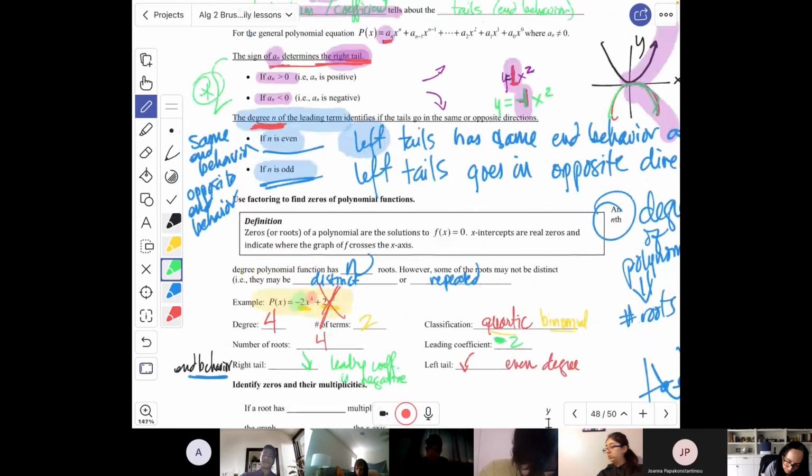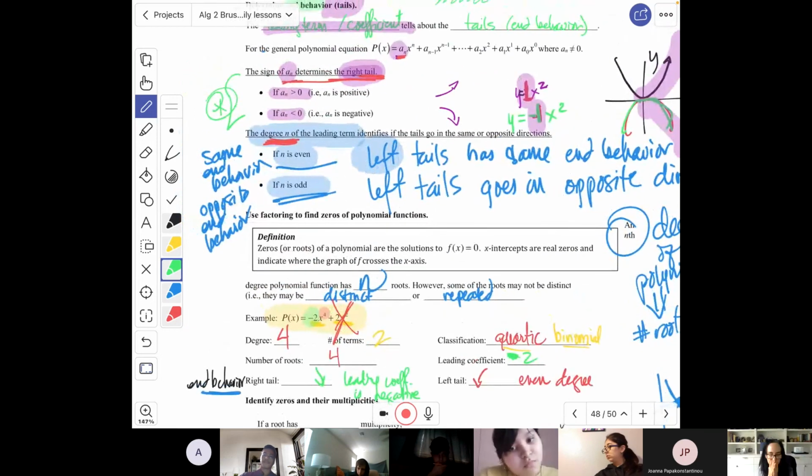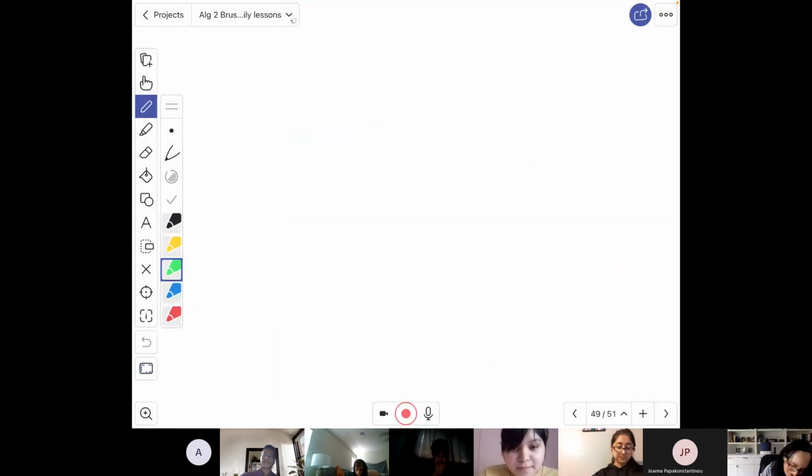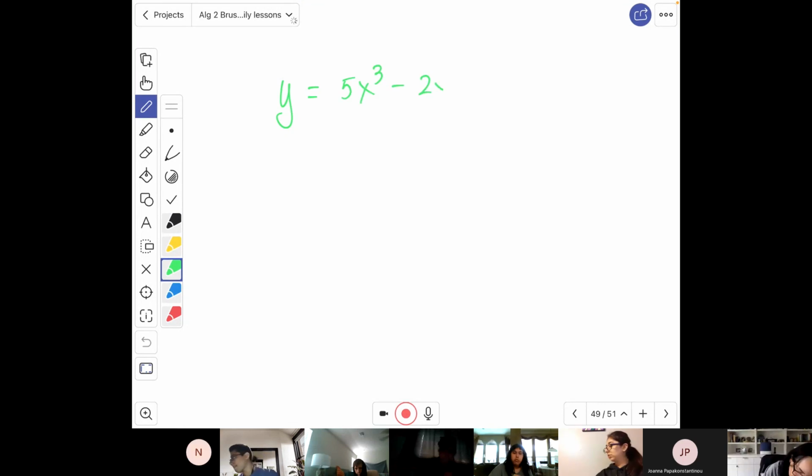Now, I'm going to stop there because that's a little heavy duty. Well, let me give you one more. Why not? What is the degree? Three. That implies that I have 3 roots.